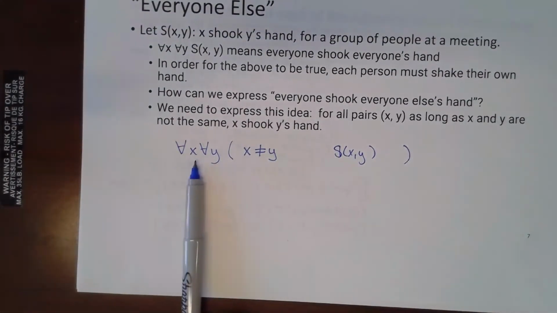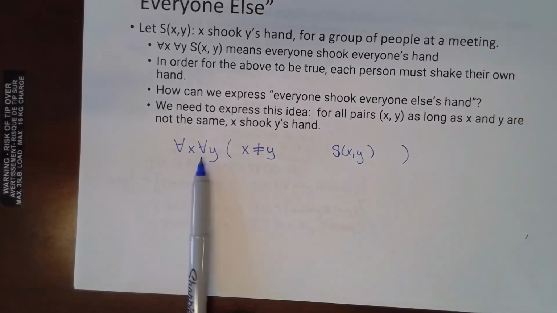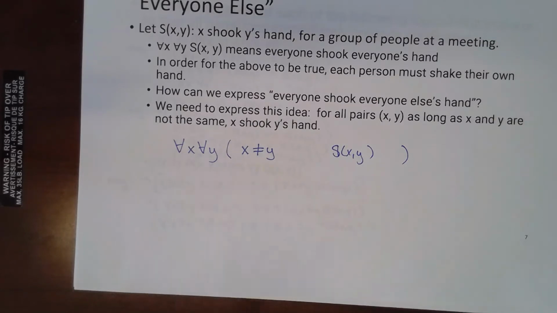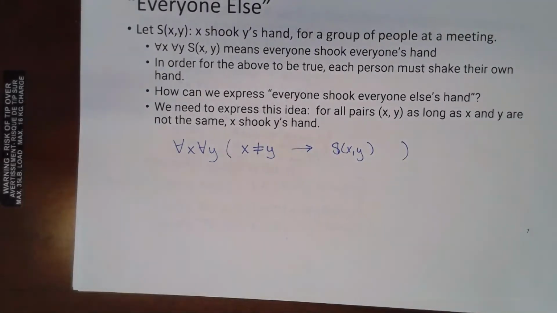Think about for universal quantifiers, sometimes we use implication, sometimes we use and, which is the one that we want to use when we have universal quantifiers? Implication, yeah. When we have existential, we use and. When we have universal, we use implies. So here we've got these universals, so that's a good clue that you should use implication in here.